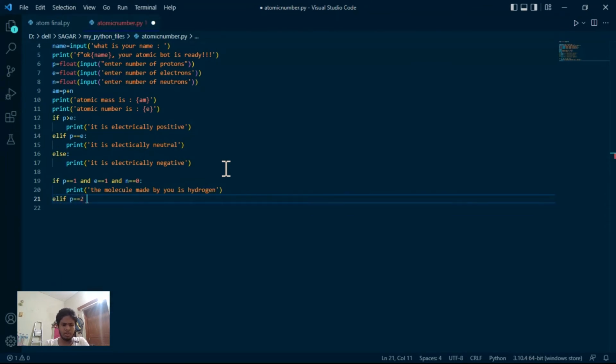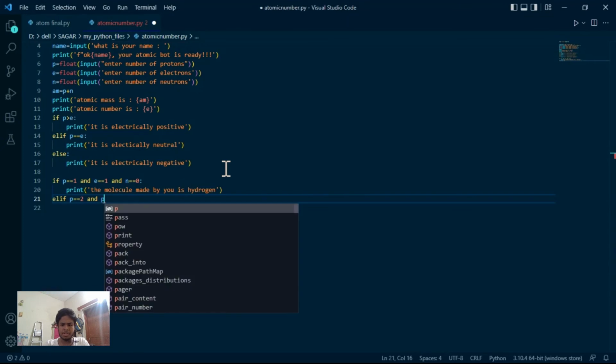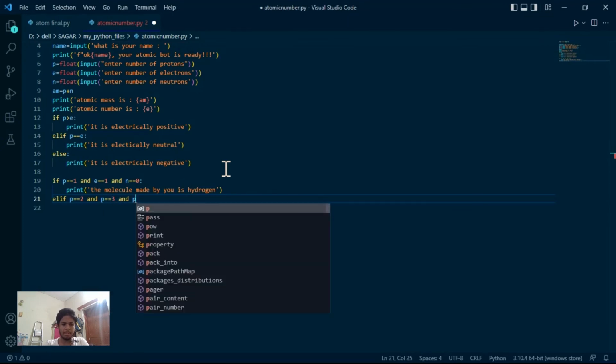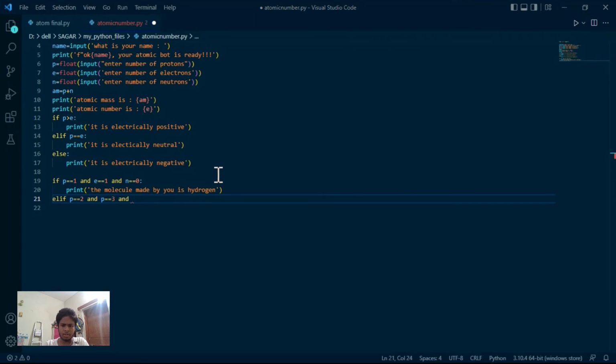Else if P is equal to 2, and E is equal to 2, and neutron is equal to 2, print the molecule made by you is helium.